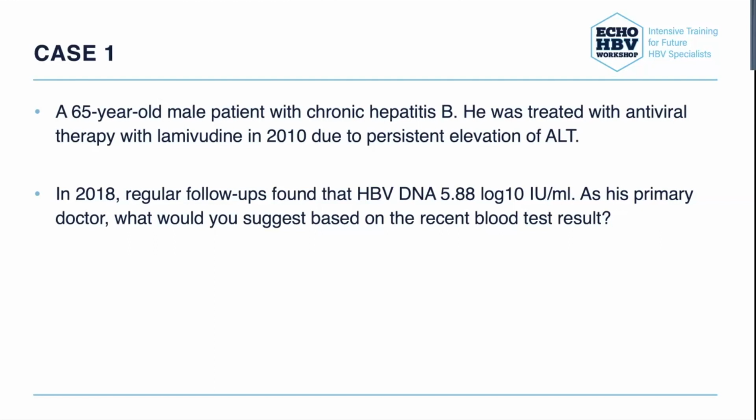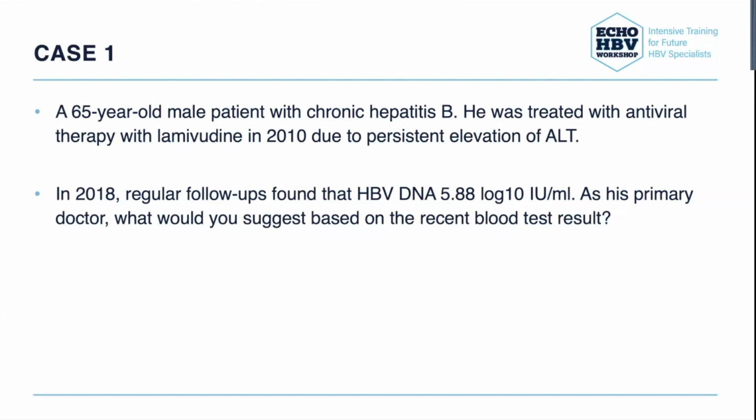So this is a 65-year-old male patient, let's say from Vietnam, with chronic hepatitis B. He was treated with antiviral therapy with lamivudine about 13 years ago because of persistent elevation of ALT, presumably at that time he had virus, a certain level of viremia.